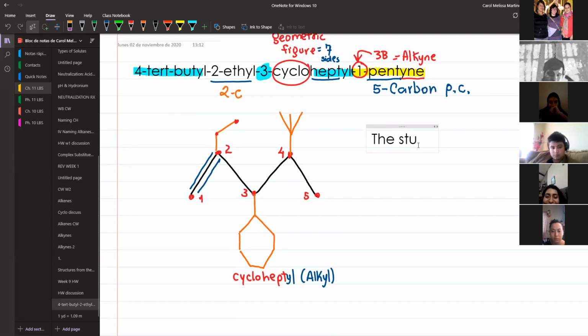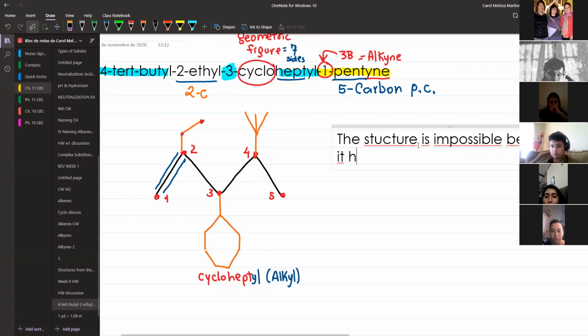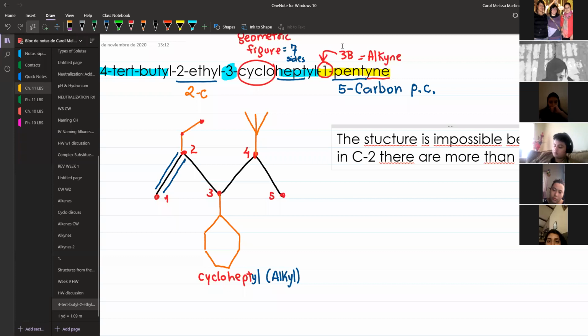The structure is impossible because in carbon 2 there are more than 4 bonds. By writing that, your exercise was done, okay?